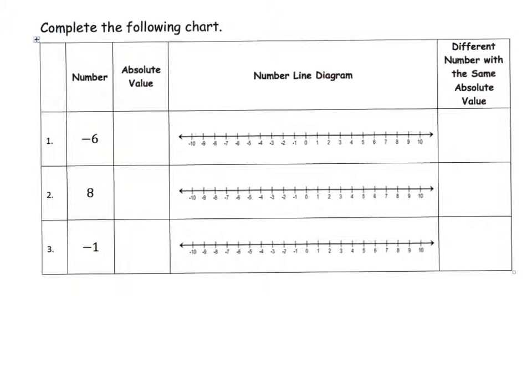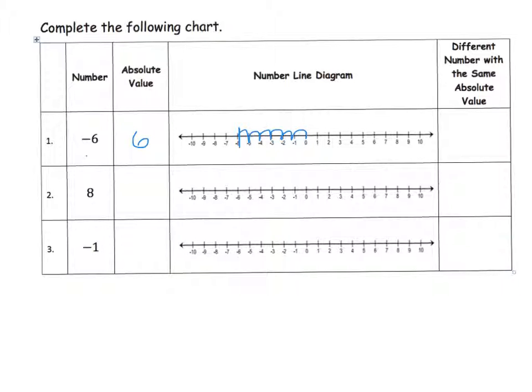Okay, so now let's complete the chart. I'll do the first one with you, and then I want you to pause and do the last 2 alone. So the number is -6. I'm going to find it on my number line, which is right here, and it's 1, 2, 3, 4, 5, 6 units away from 0.